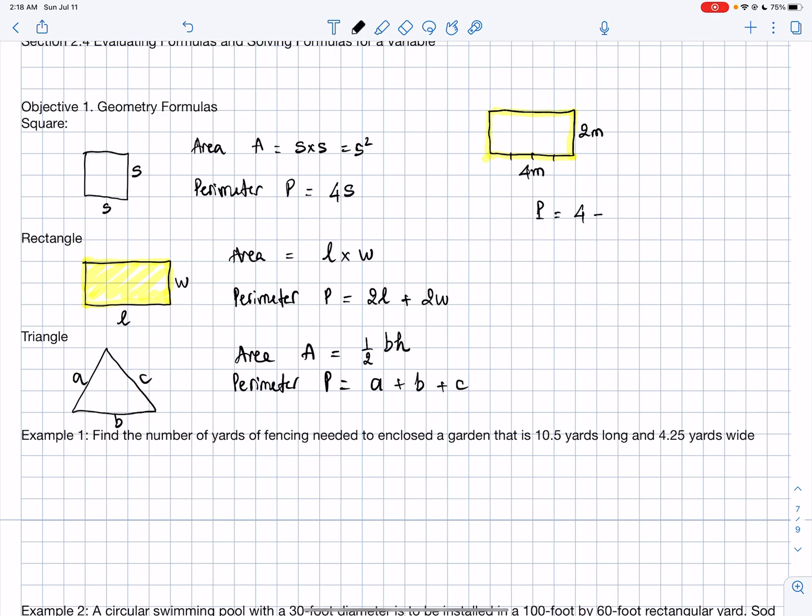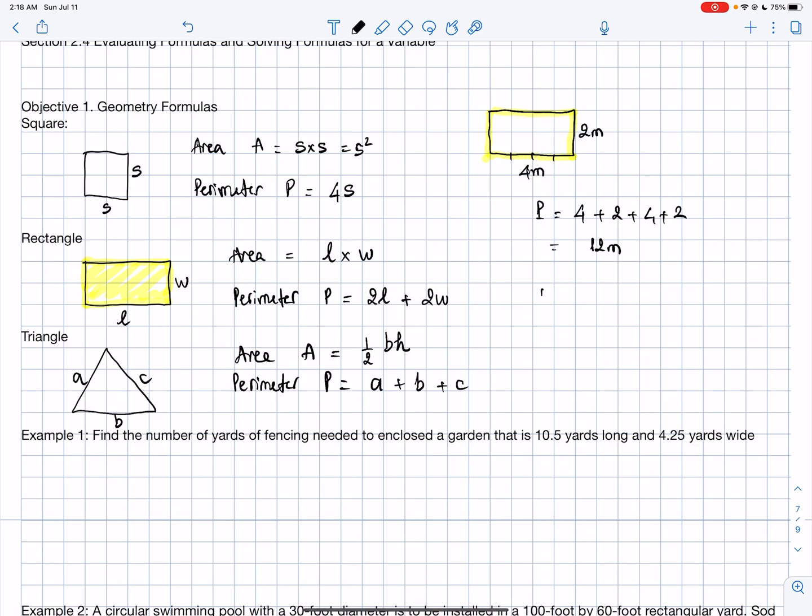So 4 plus 2 plus 4 plus 2. Or you can do twice 4 plus twice 2. So twice the length plus twice the width. So we will get the answer 12 meters. So it means if you go around this rectangle, you will go 12 meters.